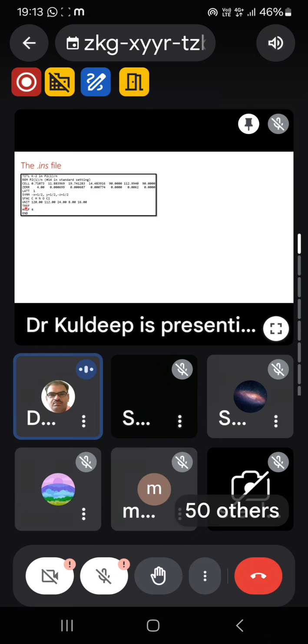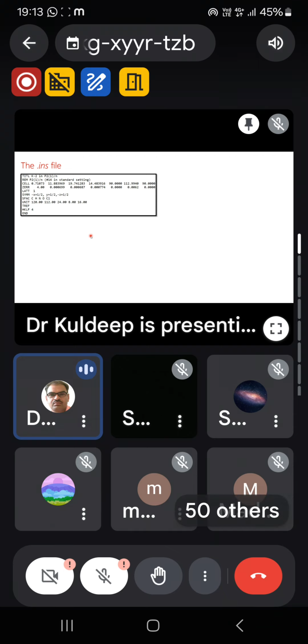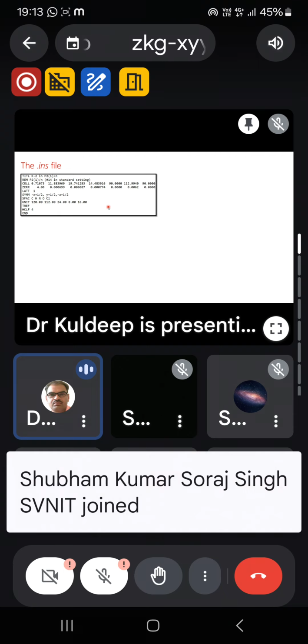We actually have different kinds of HKLF files. The common one is HKLF 4, although we have HKLF 5 and HKLF 6 also, but the most general one is HKLF 4, and then the instruction END, which ends the file. So this is the typical form of an .ins file, although there are more entries depending upon the situation.